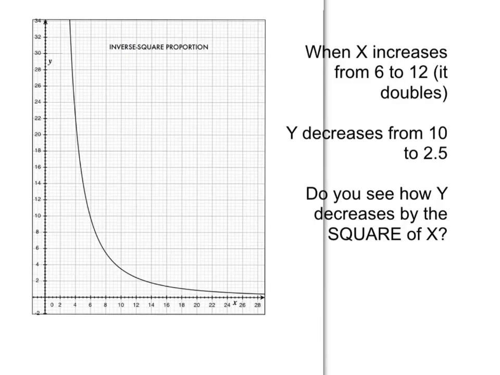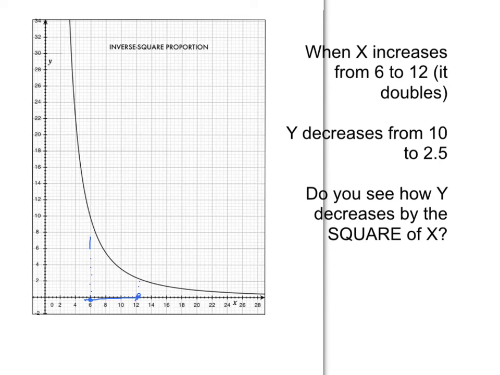The last graph that I want to show you here is an inverse square. And it's exactly what you would think. It's what we just did a moment ago, but inverse. So you can see when we move from 6 to 12, and I want you to go ahead and try it. Bring it up, see where it goes.